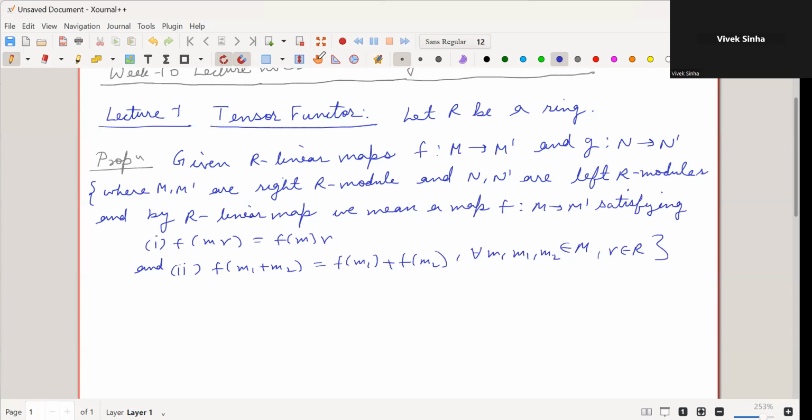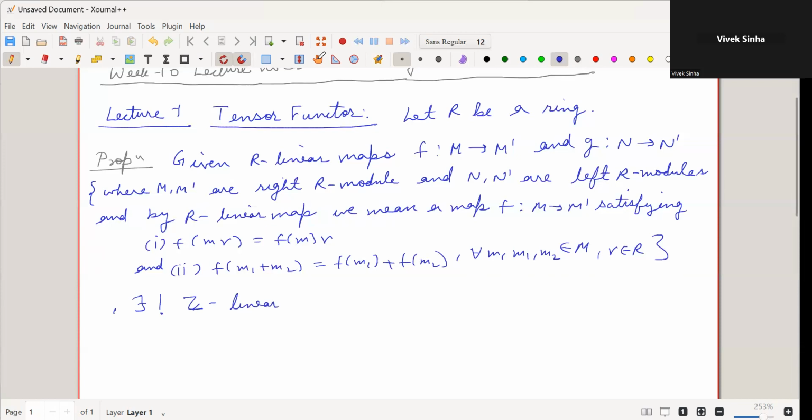Similarly, you have G from N to N dash. So there are given two R linear maps, F from M to M dash and G from N to N dash. Then this proposition says that there exists a unique Z linear map.